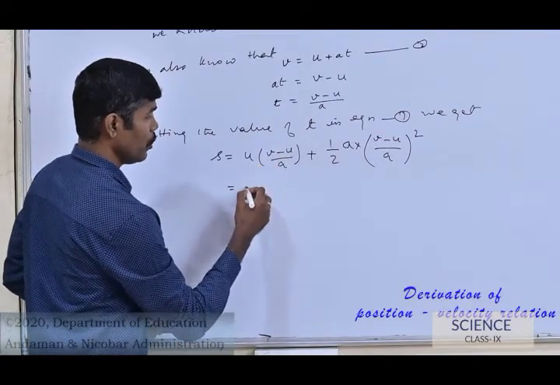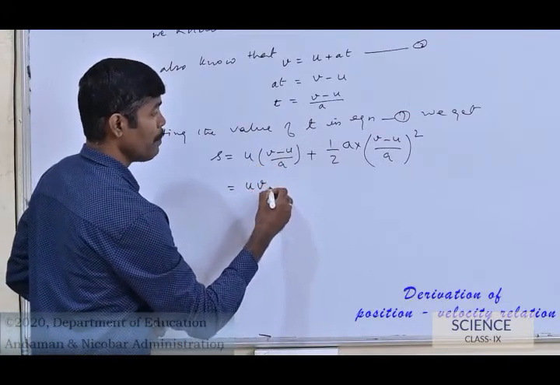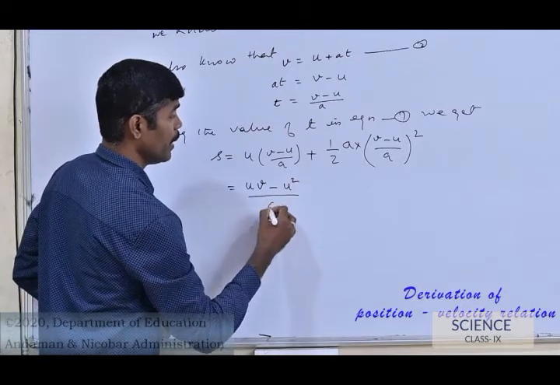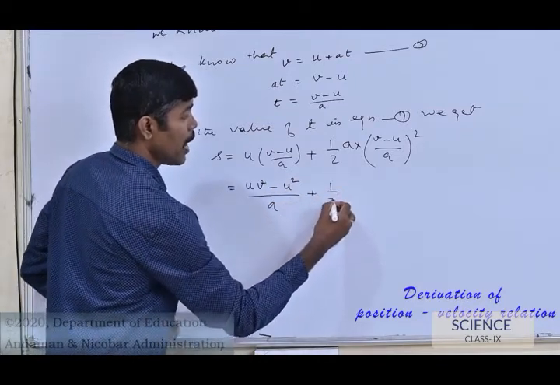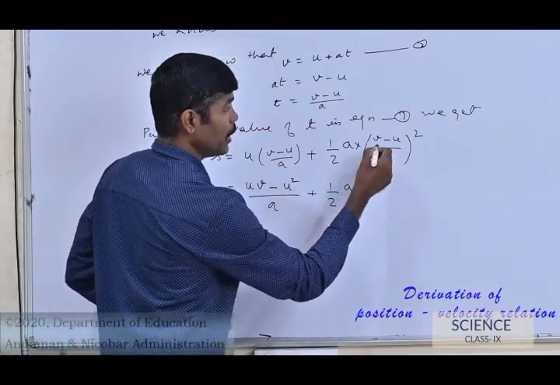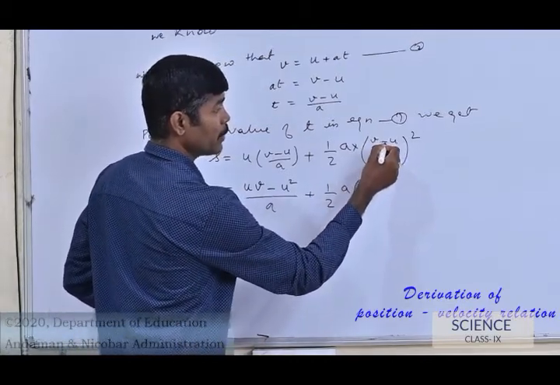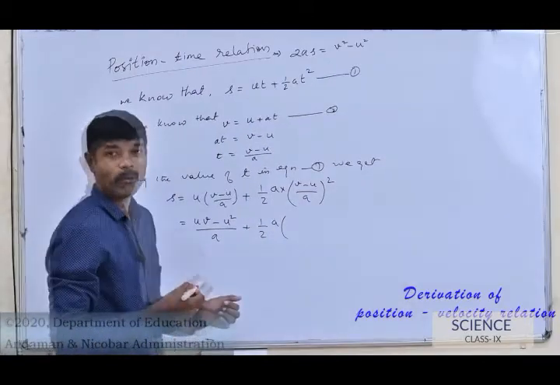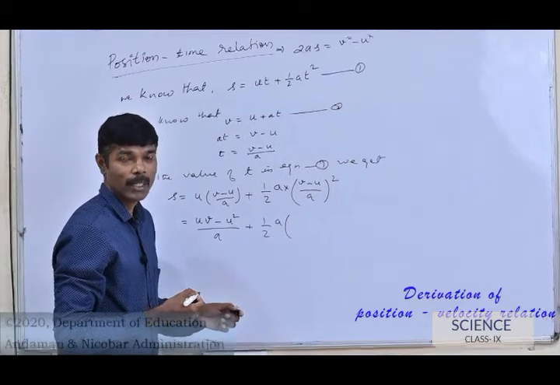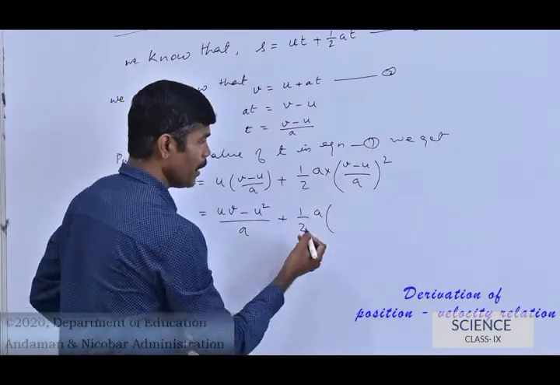u into (v minus u) divided by a plus half a, we keep like this. Here (a minus b) whole square. That formula, what is (a minus b) whole square? a square plus b square minus 2ab. So the same formula we can use here.